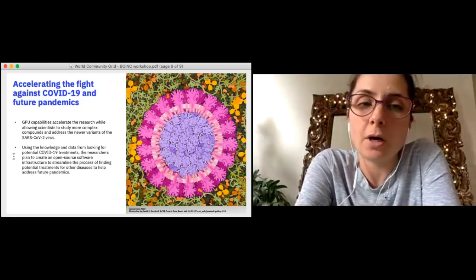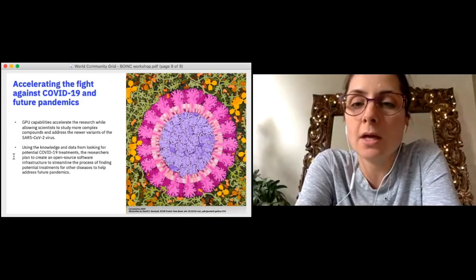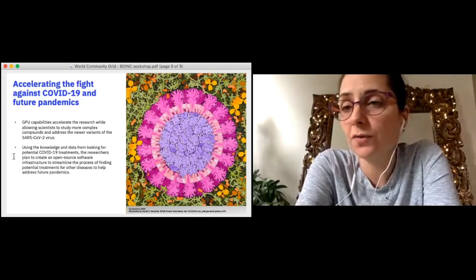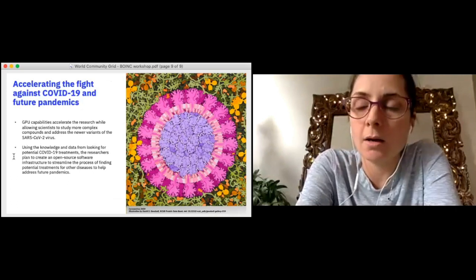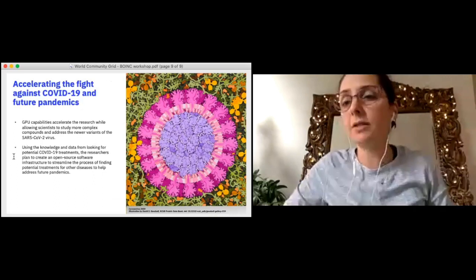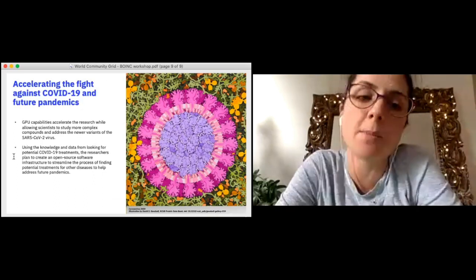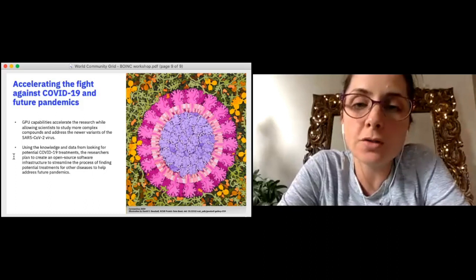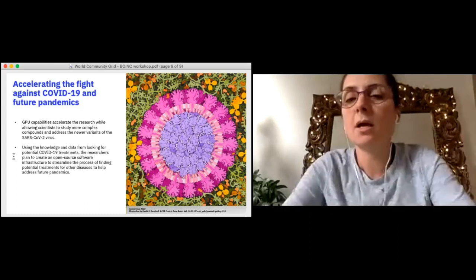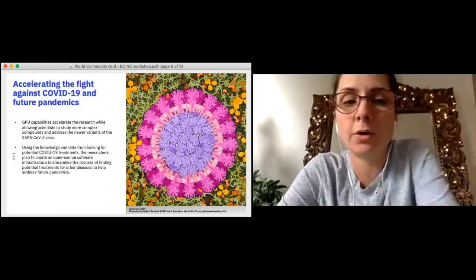So for Scripps, this allows them to start looking at some of the new variants of COVID and expanding the search space, essentially additional keyholes to try and dock chemical compounds against. And also, in terms of which chemical compounds to screen, this allows them to tackle more complicated, complex compounds as well.